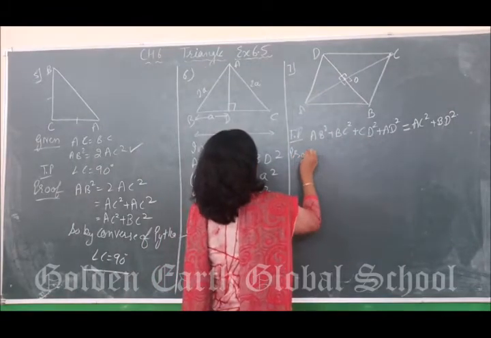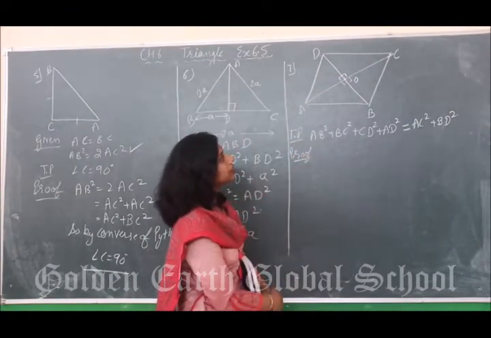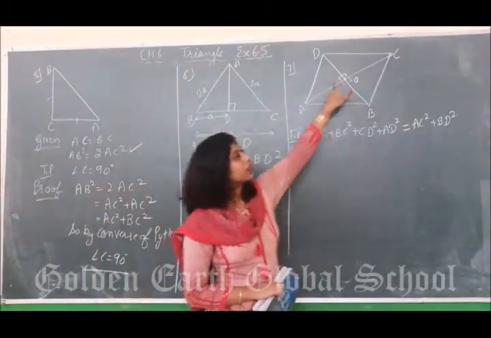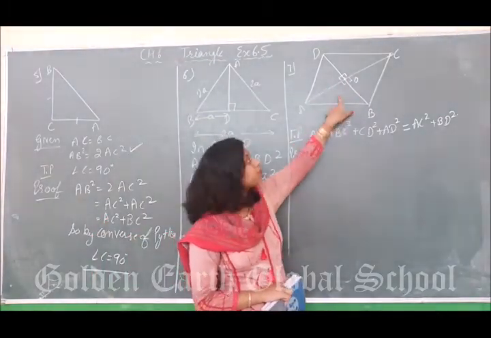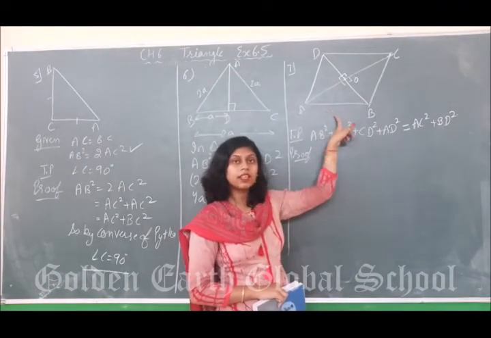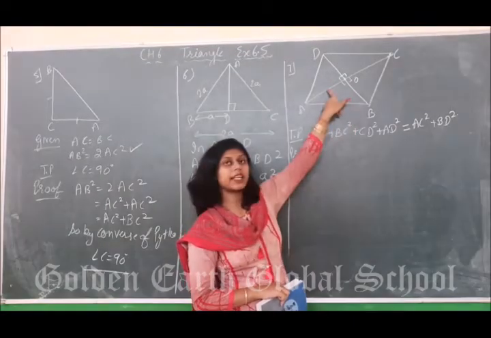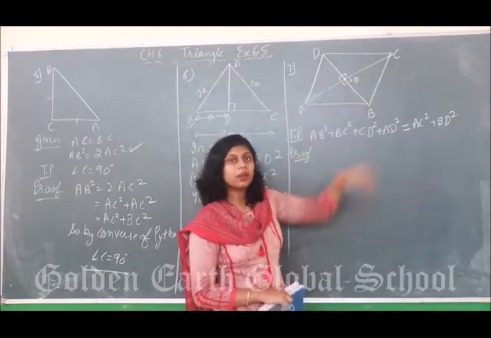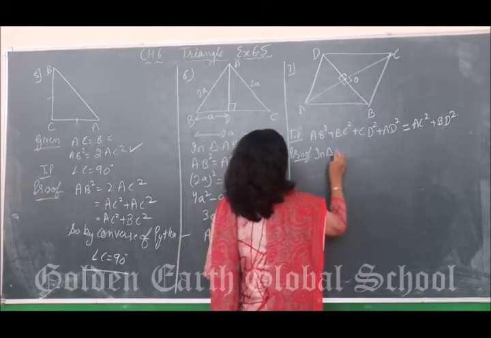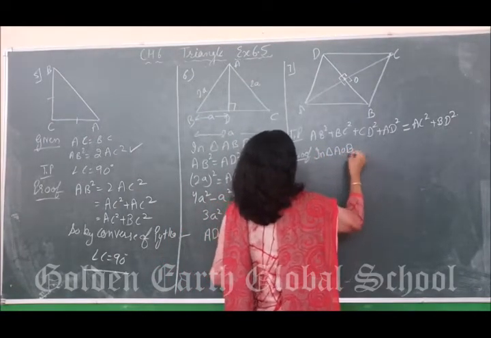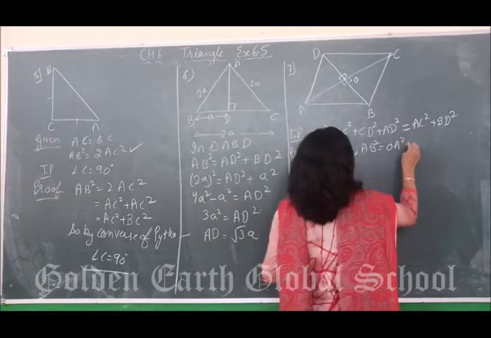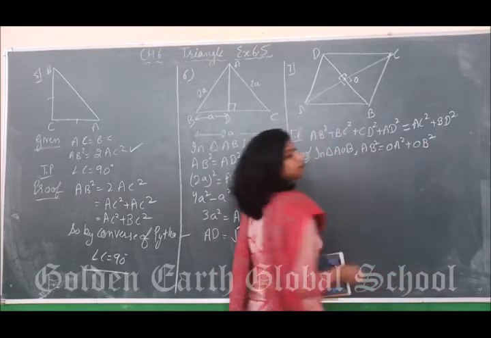Now start proof. First of all, we will consider the triangle AOB. This small triangle. In this triangle, this angle is 90 degree. It means to say the side opposite to this angle is your hypotenuse and one side is perpendicular, one side will be base. So we will write in triangle AOB, AB square is equal to OA square plus OB square.